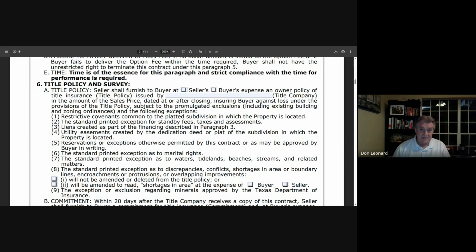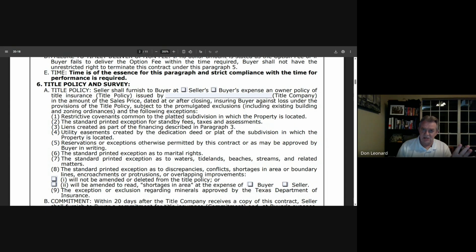But we do not guarantee that the amount of land that you are purchasing is exactly 8,250 square feet. If you want us to guarantee that, we will, but it's going to cost you more money. And so that's where we mark yes or no. If we mark that first box, we're saying no, we don't want that additional coverage, that we're just going to let it go like it is.